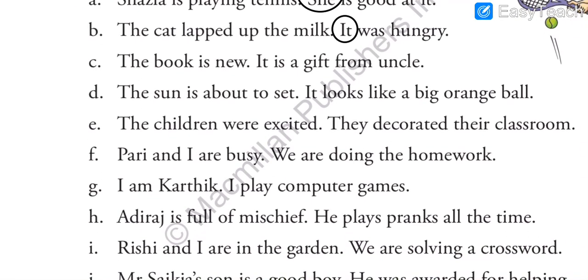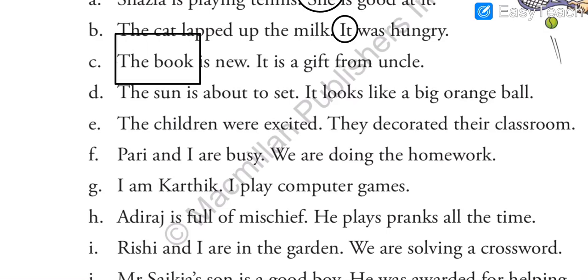Let us move on to the third sentence. The book is new. It is a gift from uncle. Now the noun is the book, correct? Let me show it to you by highlighting it in a rectangle.